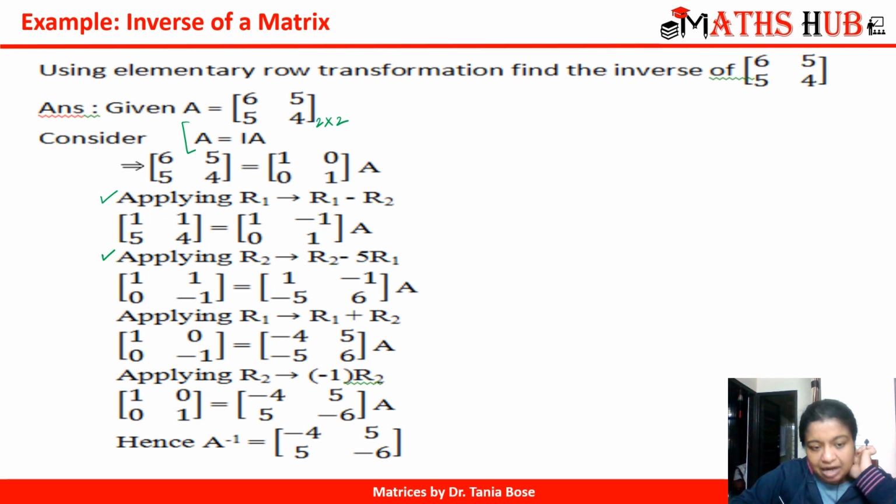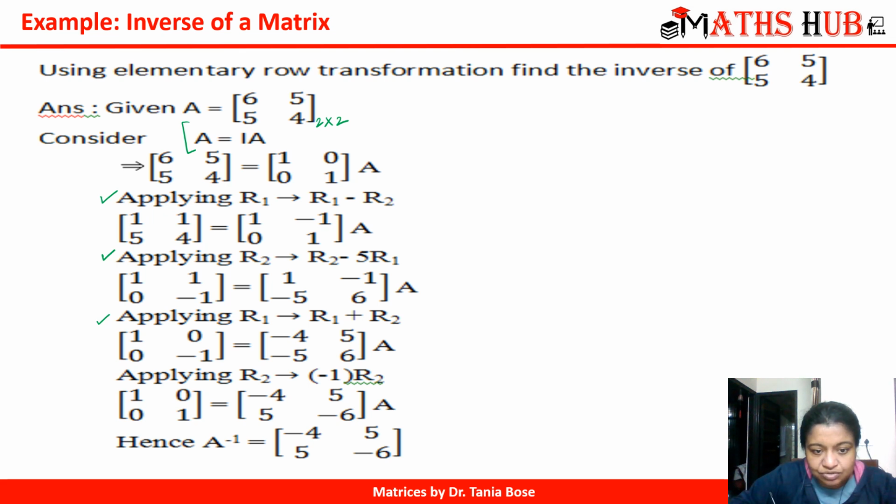Right? Now, in the next column, we need to make this 0 and we need to make this 1, right? So we have applied R1 is equal to R1 plus R2. To make this element 0, I can add the two rows. When we add the two rows, we get 1, 0, 0, minus 1.